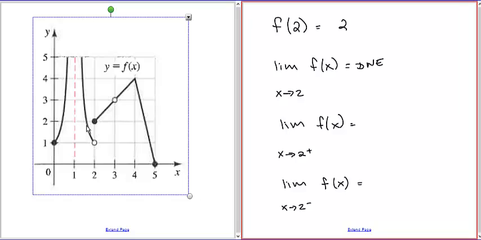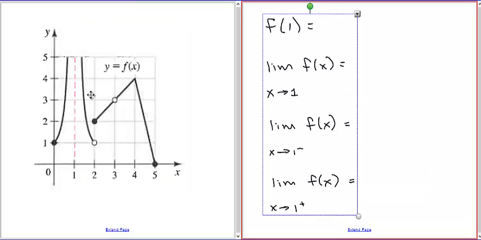And again, that's because if we approach, in this case, from the positive side, we're approaching y equals 2. Whereas if we approach it from the left-hand side, we're approaching y equals 1. And these are different, and therefore the limit does not exist. So here the function exists, the limit does not exist, but the two one-sided limits do exist.